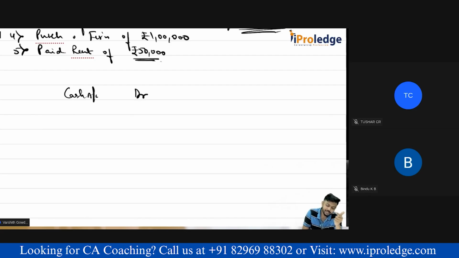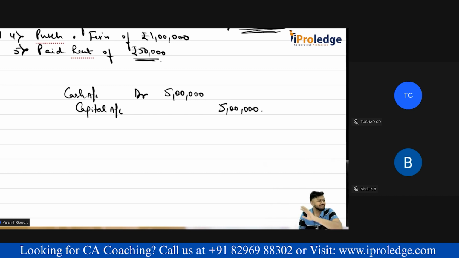And capital is a personal account. What is the rule? Debit the receiver, credit the giver. Who is giving me money? The owner. So credit capital account, or the owner's name also you can put. 5 lakh.